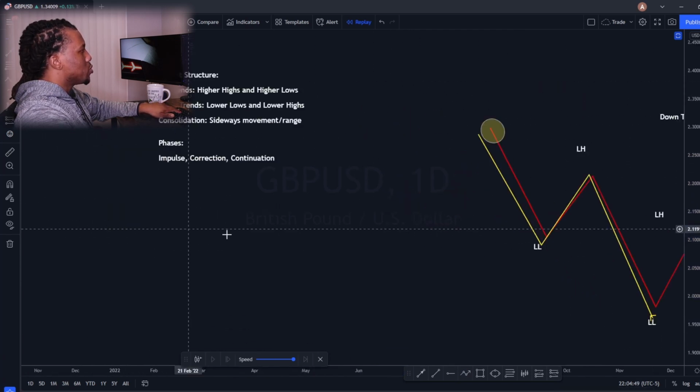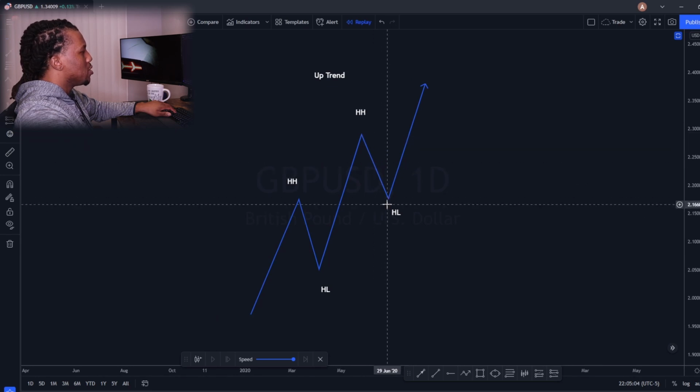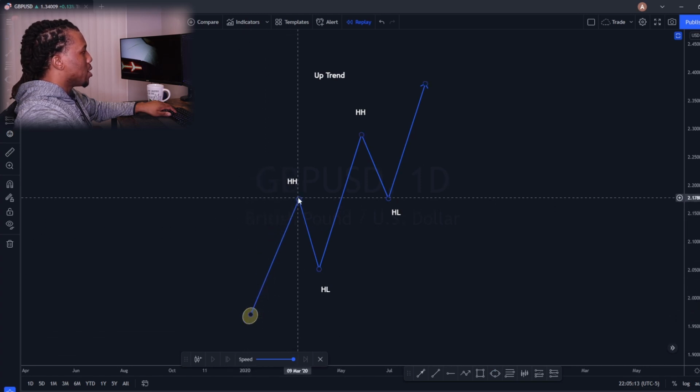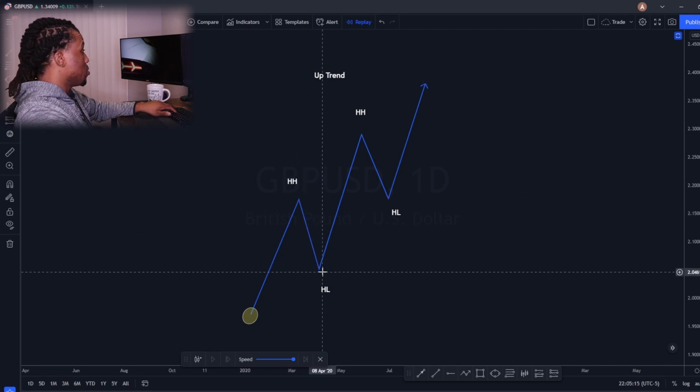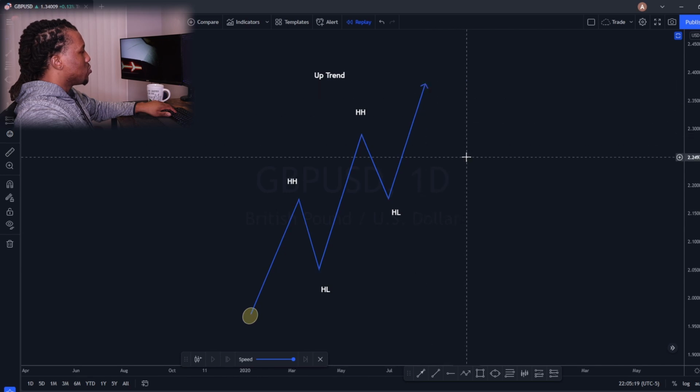Let's take a look at our uptrend. So in an uptrend, you have a higher high, higher low, higher high, higher low. And let's say this is our starting point, from a low point here. From the low point, we move up higher to our higher high, then to our higher low, higher high, higher low, so on and so forth.